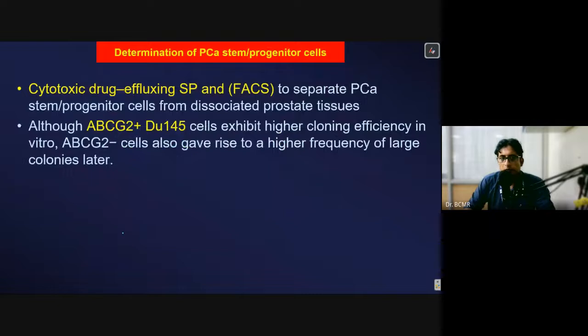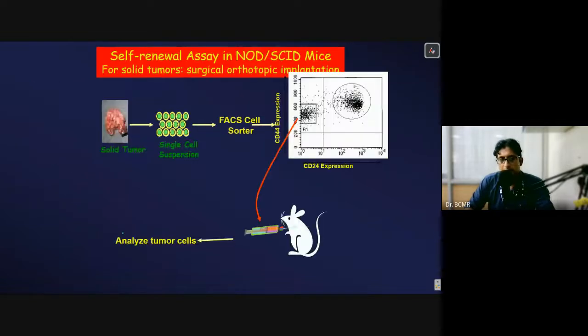I hope you remember how to identify or characterize cancer stem cells. If it is prostate cancer stem cells, for example, how would you do it?